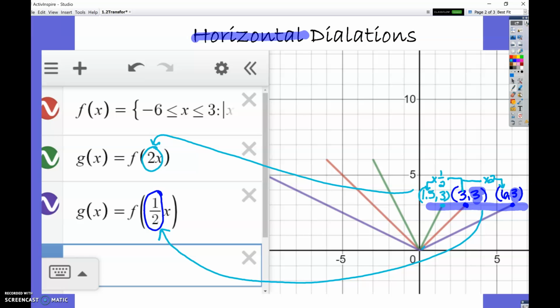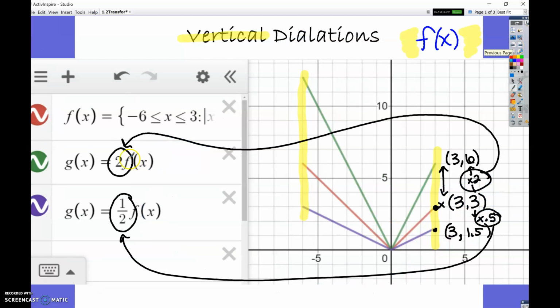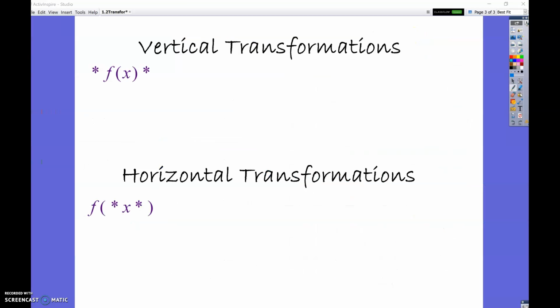So remember, if you're dealing with a horizontal dilation, that number will be inside those parentheses, whereas if you're dealing with a vertical dilation, that number will be outside the function, right out in front. This was likely in your notes from your teacher as well, but just as I summarized, here we can see if you ever have something in the front, wherever that star is, or outside here.